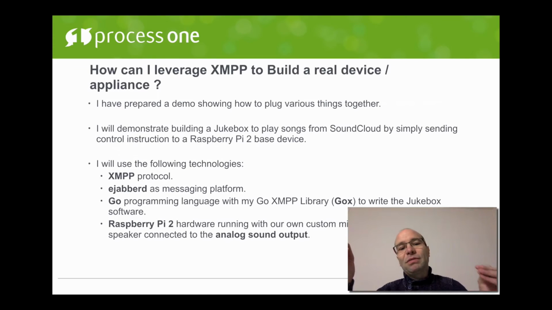The Raspberry Pi will be running a Go program, which will be an XMPP client using my own library, the Go XMPP library GOX, that I've been writing specifically for that use case, and that I will be extending a lot in the future. So we're making a lot of new development around that. And finally, the Raspberry Pi is hardware running the Jukebox, with a speaker plugged to the analog jack sound output.